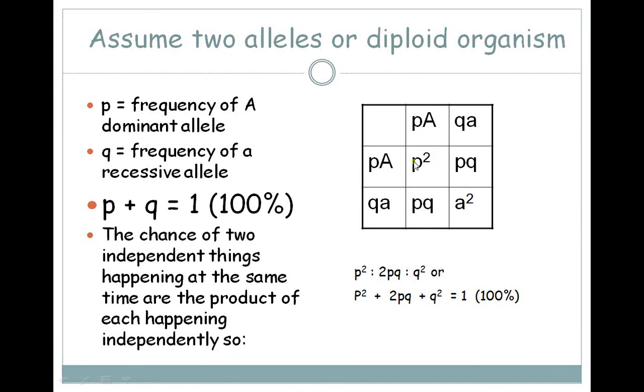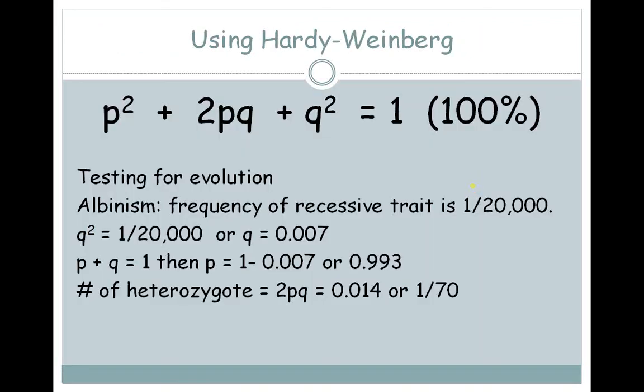offspring, 1/4 of the offspring are going to have the homozygous dominant trait, which, if I look at the frequency, that's going to be p squared. You're going to have one individual that is heterozygous for that trait. Again, dominant phenotype, but heterozygous.